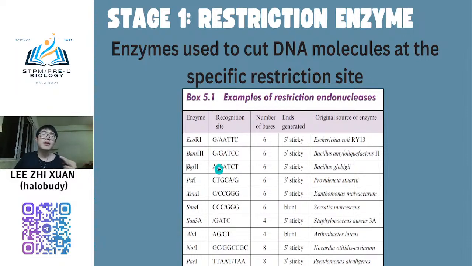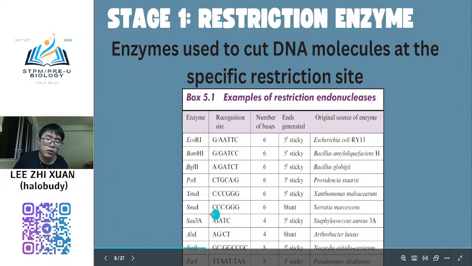So, macam mana dia potong? Dia bukan potong sesuka hati. If you see here, GAATTC dia ada slash here, right? So, meaning that dia potong dekat G and A punya position. And for SmaI, dia potong dekat tengah-tengah CCCGGG. Dia akan potong tengah-tengah punya.